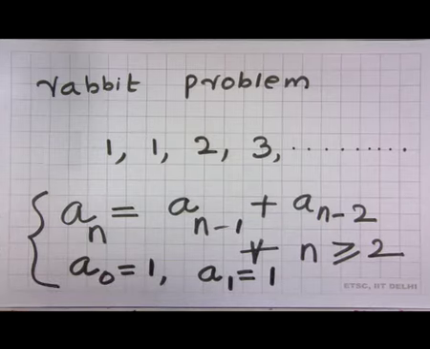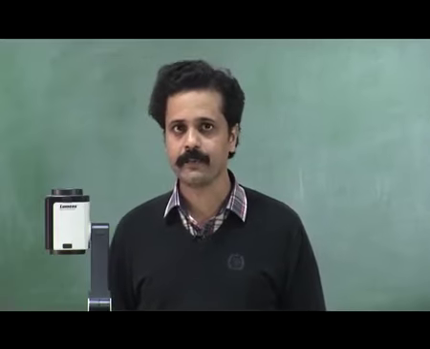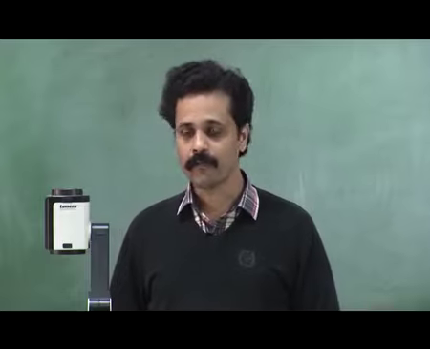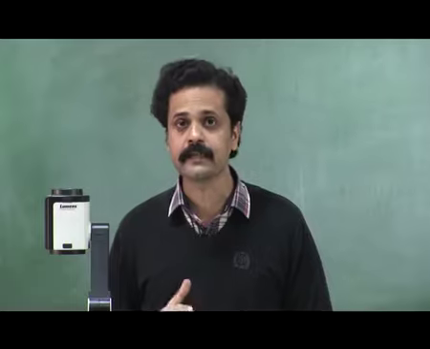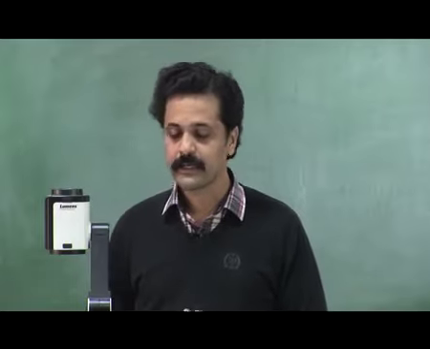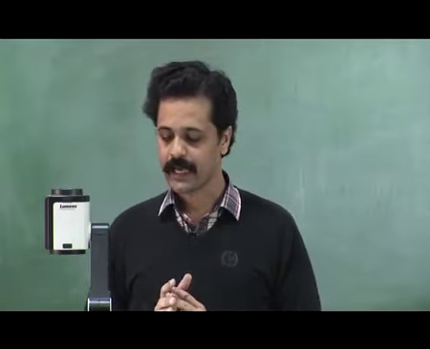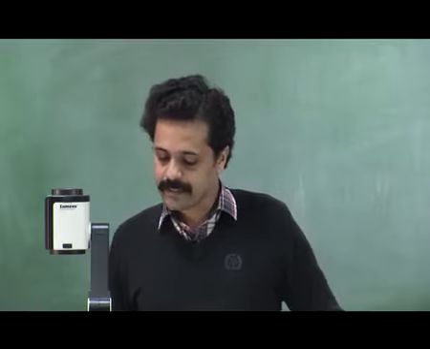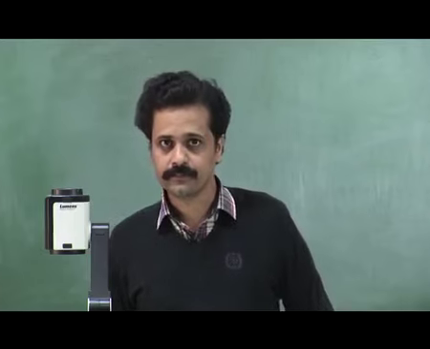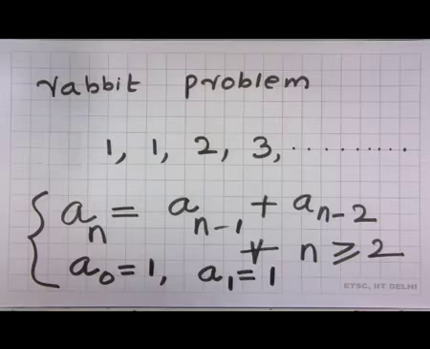Instead of describing the number of pairs of rabbits at the end of n months in terms of n, the easiest way, as far as this problem is concerned, is to write the nth term in terms of previous terms.